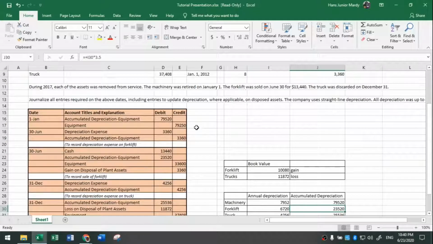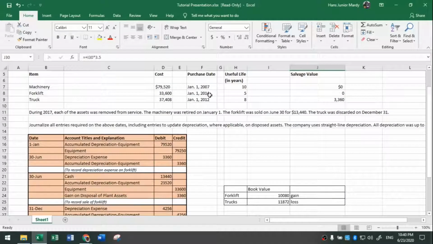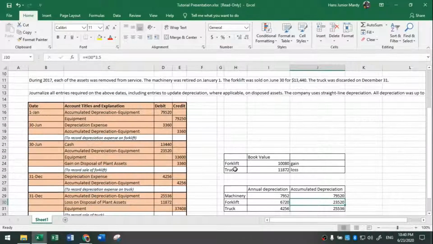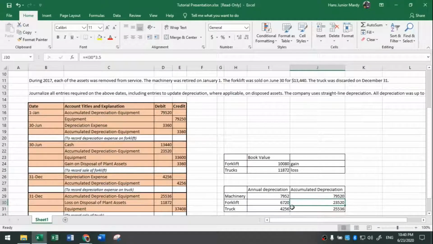It was 3.5 years because it was purchased in 2014 and then sold in the middle of 2017, which gives us 3.5 years. We have this total when we multiply the annual depreciation by 3.5, and I put it here.